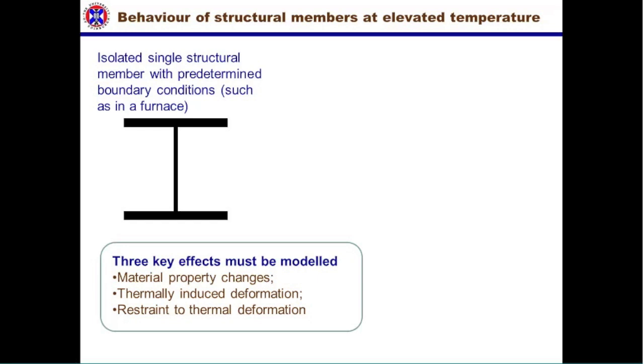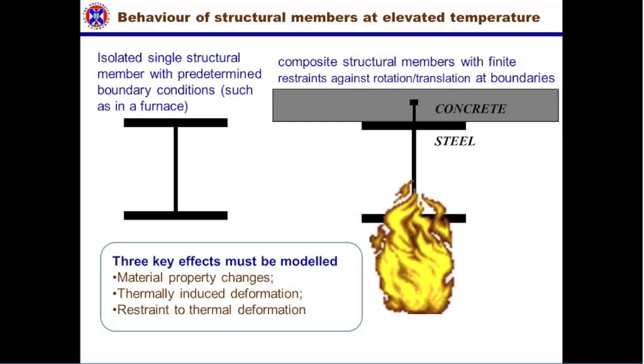So you may put an isolated structural member in a furnace and check the temperature increase and how long it takes in a standard fire. But real structures typically would not be a simple beam. It is more likely to be, say, a composite beam like that, with concrete and steel connected with composite action. You may have finite restraints against rotation and translation at boundaries.